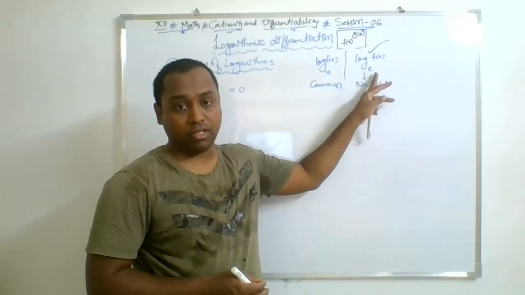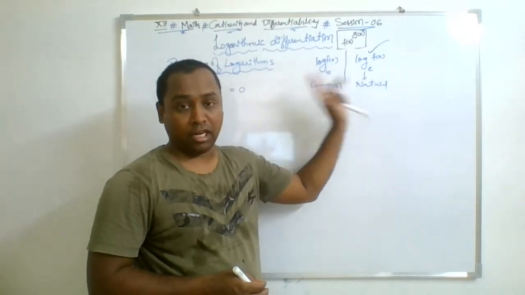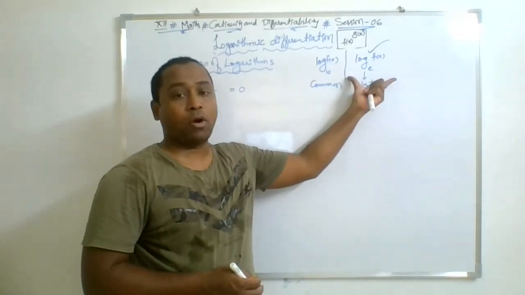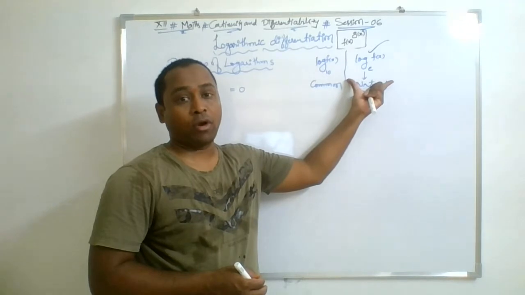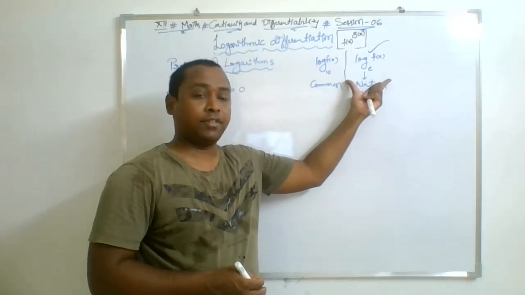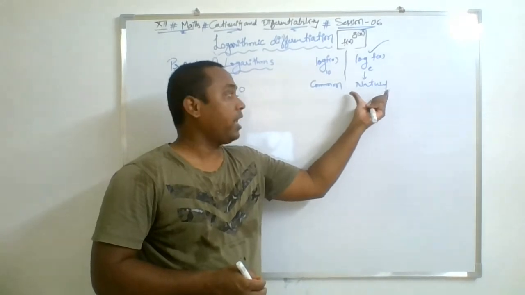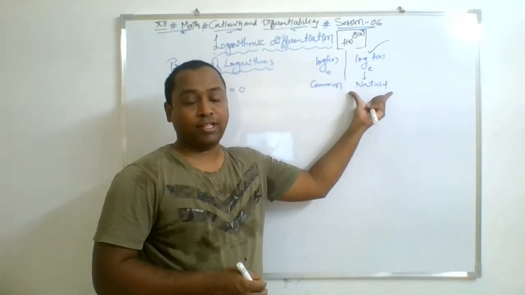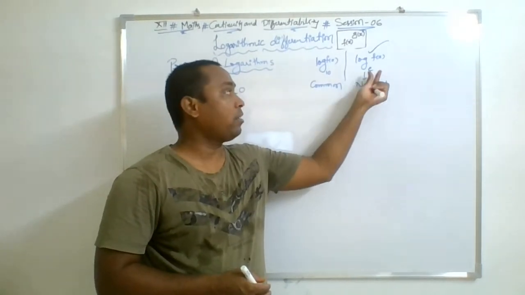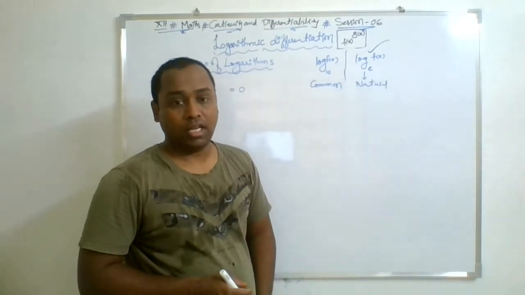You have to keep this in your mind. In entire calculus, when we talk about the properties or formulas of log or differentiation of logarithmic functions, we are dealing by default with natural logarithm, where the base is considered as e.